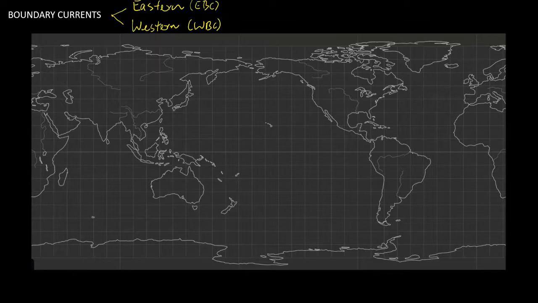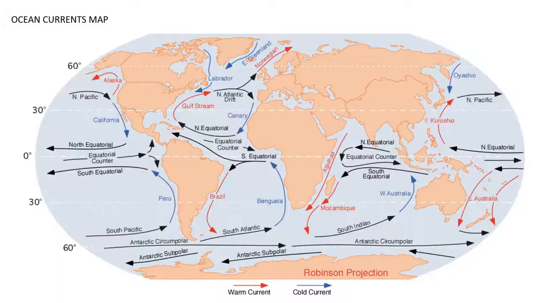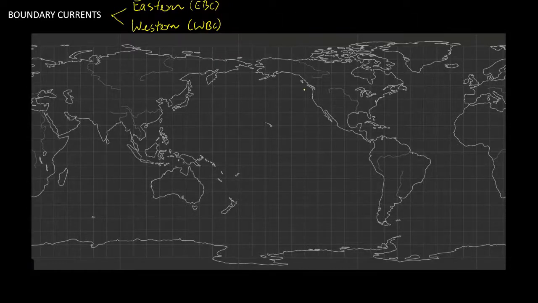So when I say a current is an eastern boundary current, it means it is operating on the eastern side of the ocean. So this current will be EBC. If I say an ocean current is a western boundary current, it means it is operating on the western side of the ocean. That will be WBC.